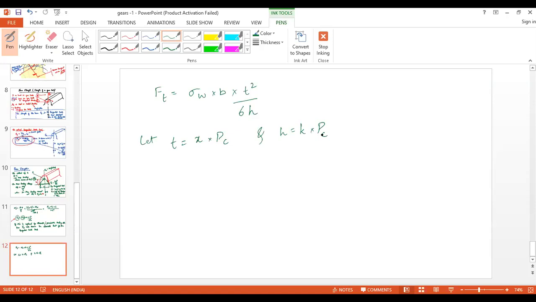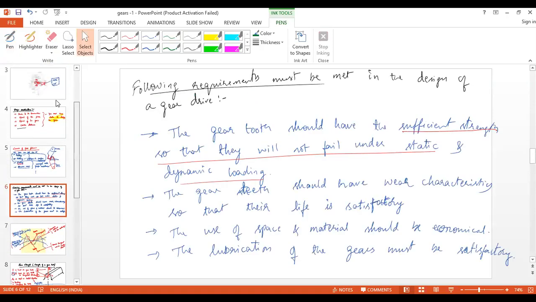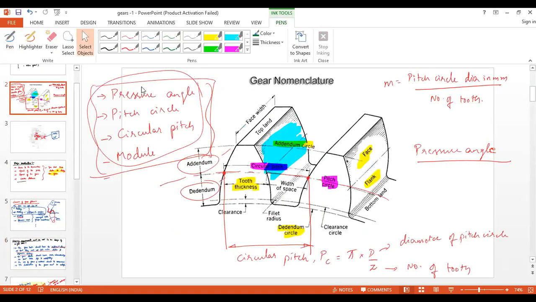PC is the circular pitch. Here you can see the circular pitch, and T is the thickness of the tooth. So this T is a part of circular pitch. So let's say it is X times the circular pitch.